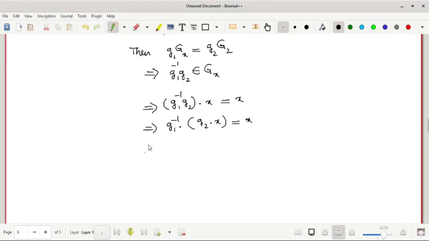Let us take the action of g1 on both sides. This implies g1 acting on (g1 inverse acting on g2 acting on x) is equal to g1 acting on x.